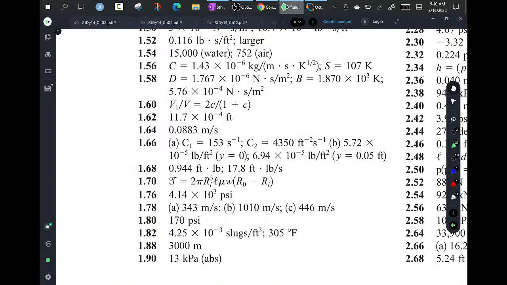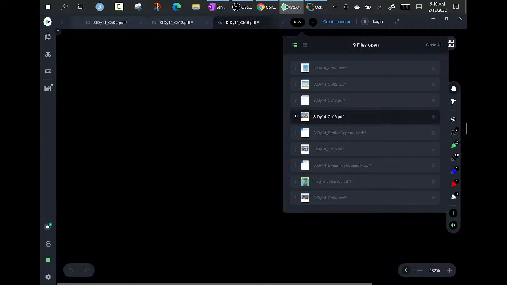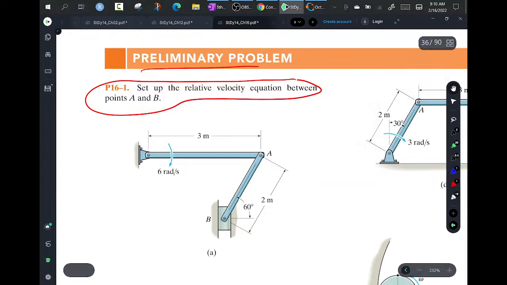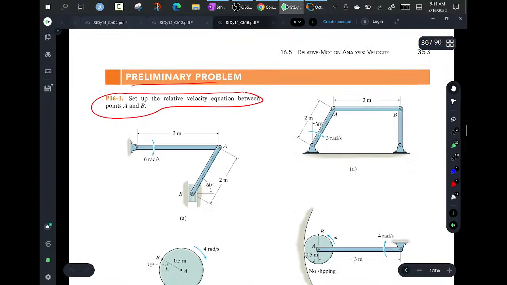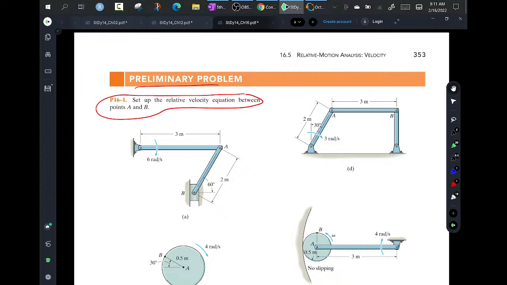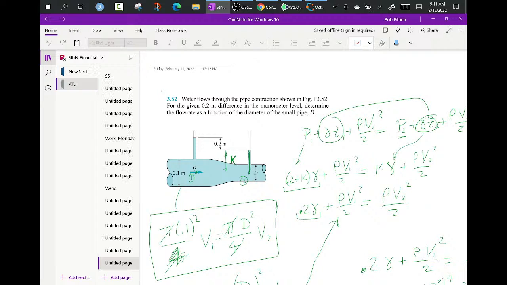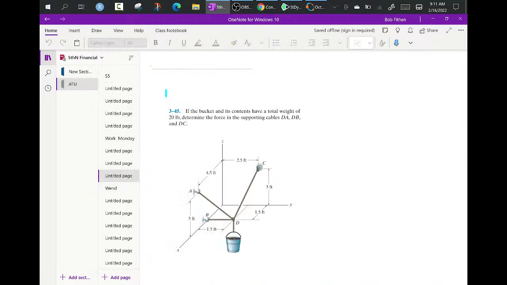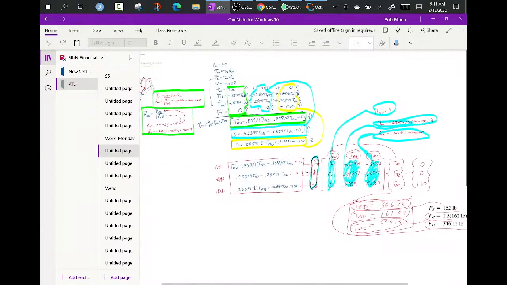So first of all, wrong book. Okay, so we begin by looking at that particular problem. And if you look back at that, and let me see if I can find that. Yep.